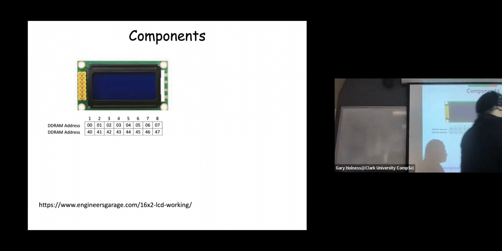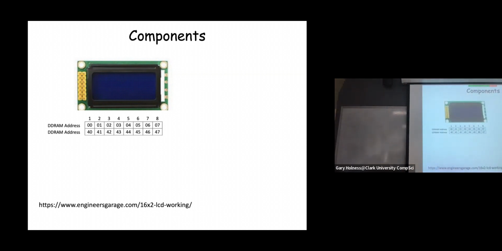And so the other part that makes these things tricky, as they get bigger, you have more memory locations that you have to manage, right? And so here in this 8x2, we can see 16 addresses, and these numbers are unique and used underneath the covers to decide when I put character data someplace in ASCII code, where do I put it in order to display something on this LCD device, okay?